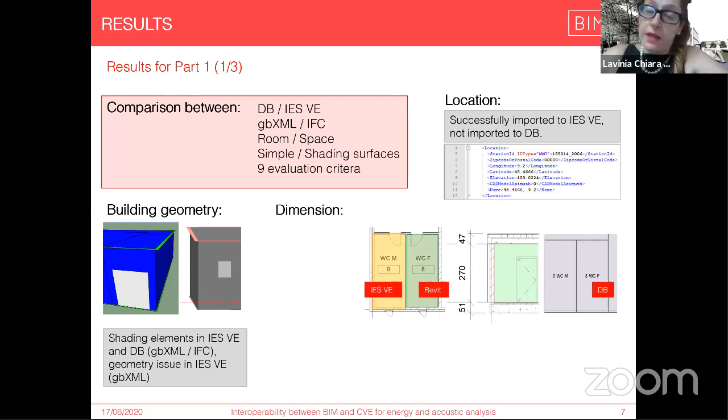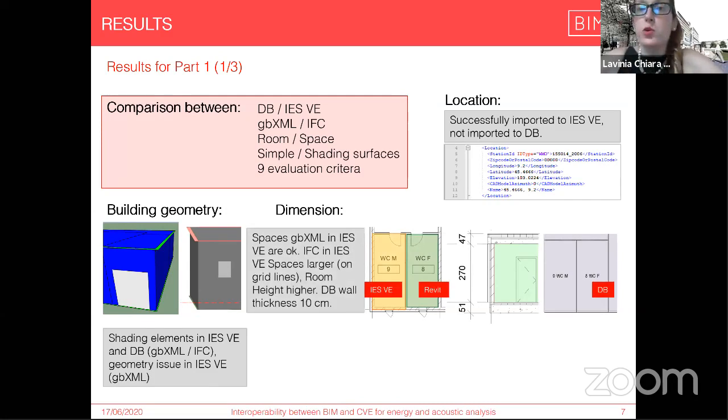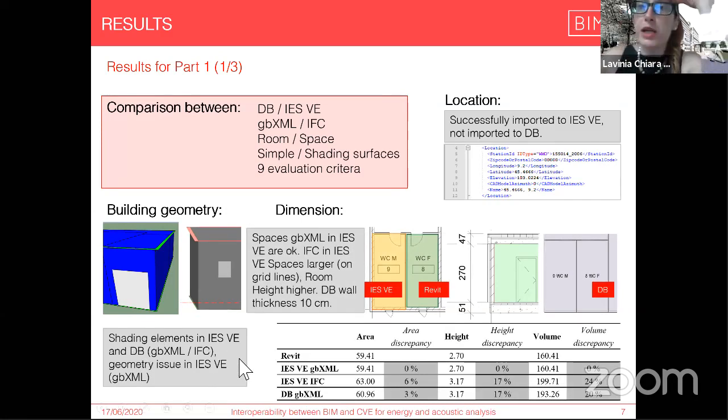And then there are different levels of accuracy of the export about the shading elements in ISB and Design Builder, depending on the format. So we tested different options to understand the reliability of this kind of interoperability process. In the table, you can see a summary of these first findings.